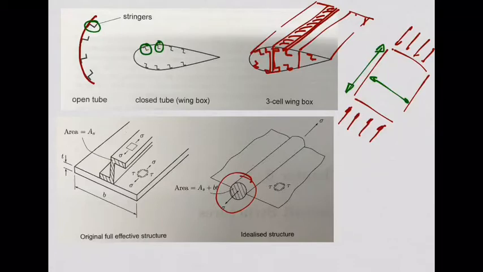Instead of 2 spars, I can have 3 spars. I can have a C-shaped spar, for example. So the wing box, which is this cross-section, can have a lot inside. If you look at a real wing box, you can for sure find something on the internet. You can see how complex these structures are inside the wing.